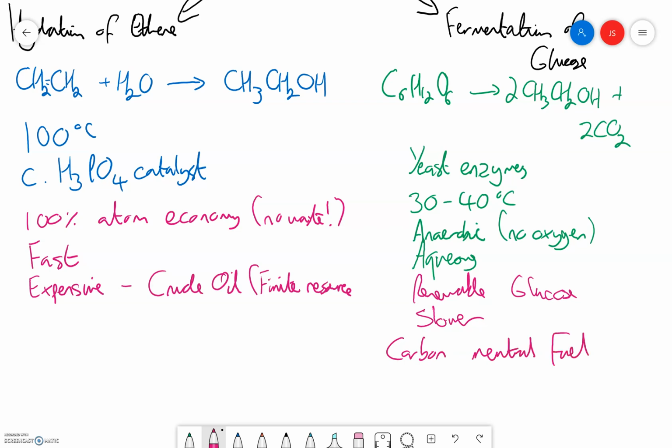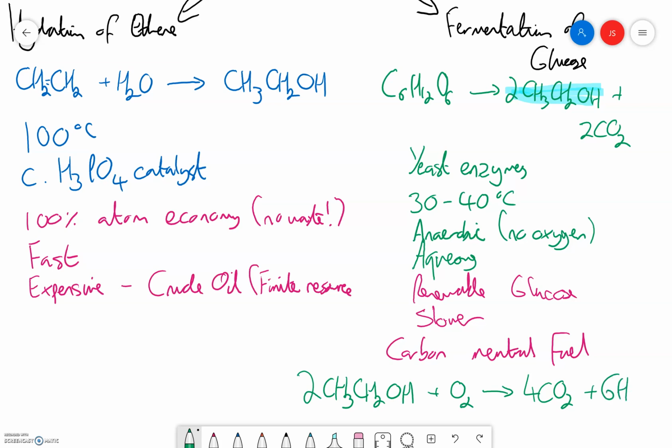So if you were to take all this ethanol and burn it, in an internal combustion engine, let's say, and we'll assume complete combustion, even though in reality it probably wouldn't, you end up with 4 CO2 and 6 H2O, and that's 6 O2 on the other side.